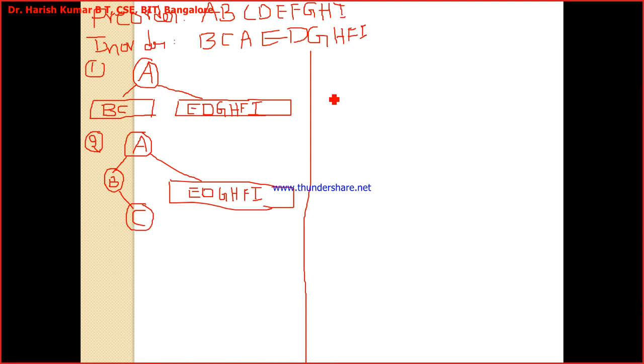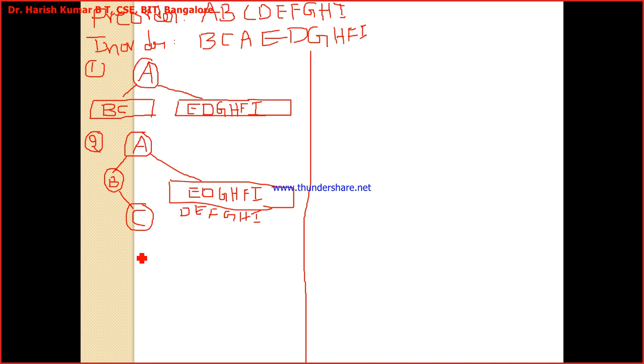First one is D, and E takes the next position. Next is F, next is G, next is H, and next is I. So the next root node for these nodes will be D.